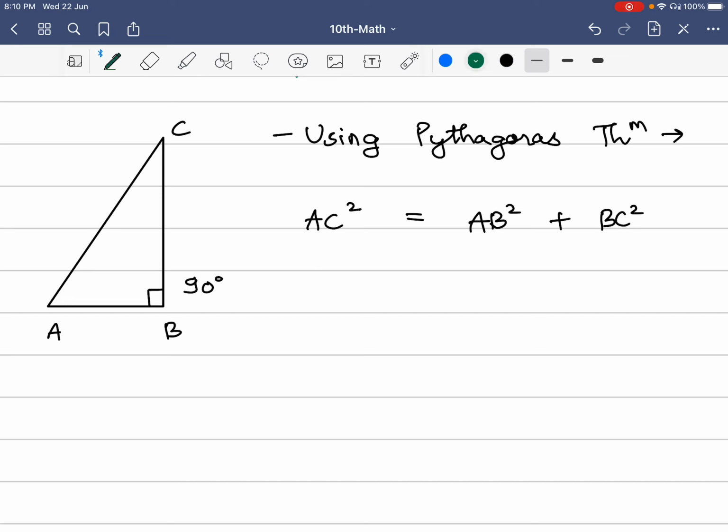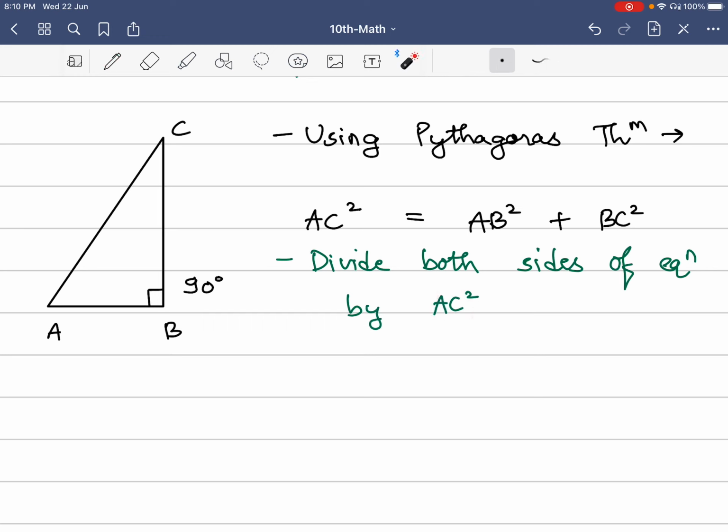Now what I'm going to do is divide both the sides of the equation by AC square. So let's perform the division and see what we get.